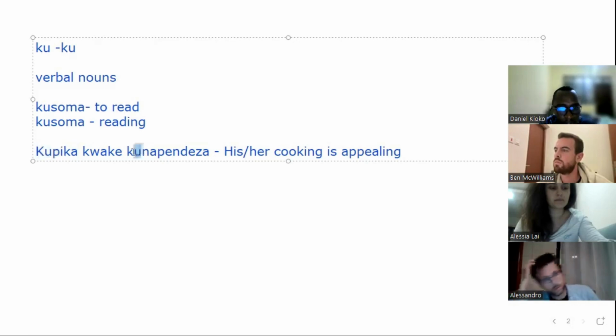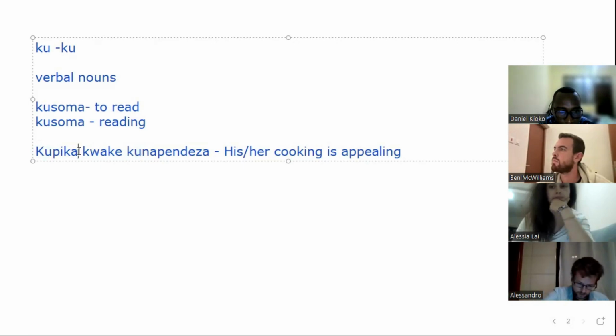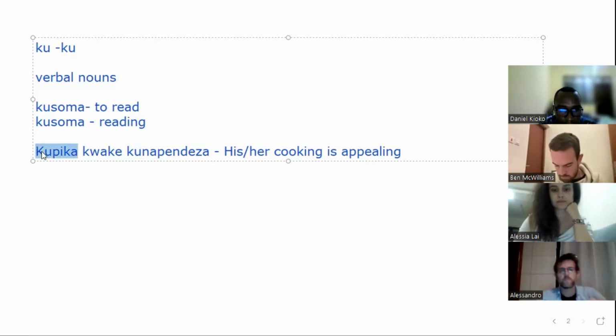Normally you have the verb, the noun class, and then you have in brackets how you conjugate the verbs. This noun class, the syntax. Yes, and so you conjugate also with ku, but this is because it's a verbal noun.